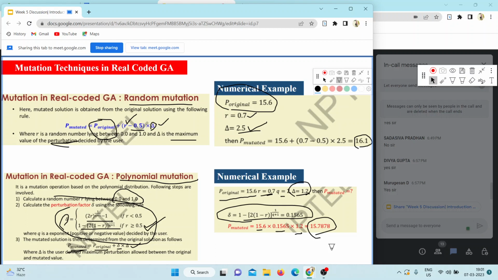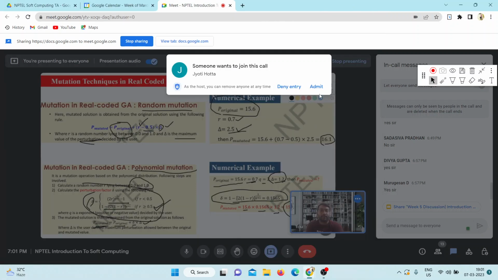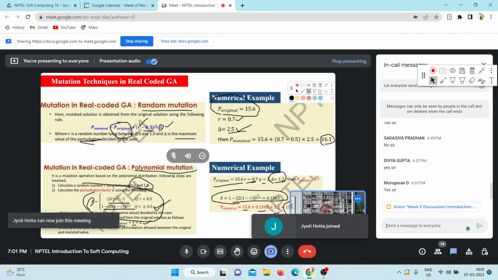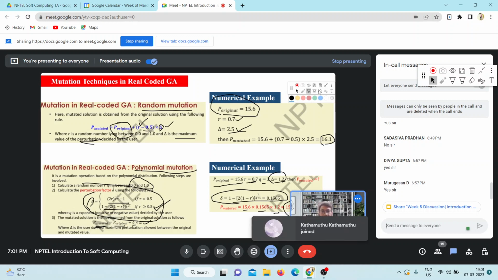So these two are very simple formula-based questions. So I hope this is clear to all. If any part there is some confusion, you can ask. Is there any confusion in these two questions?